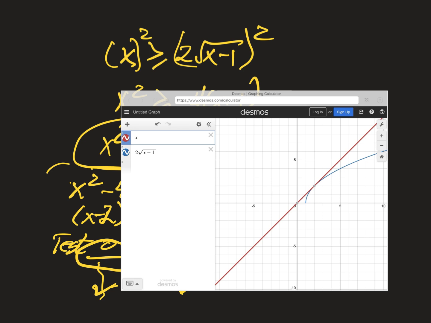And that's a nice thing. The red graph is always above the blue graph. And that's actually what we could see by the picture and the problem. Okay? So radicals. Sometimes they end up being linear. Sometimes they end up being quadratic. So you got to kind of pay attention to that as well.